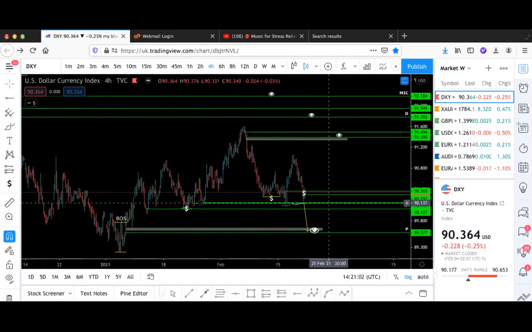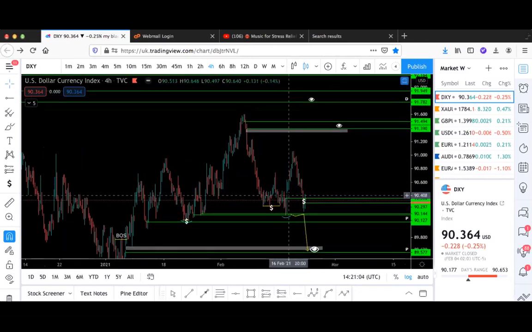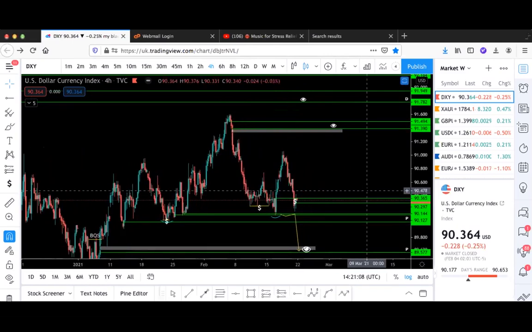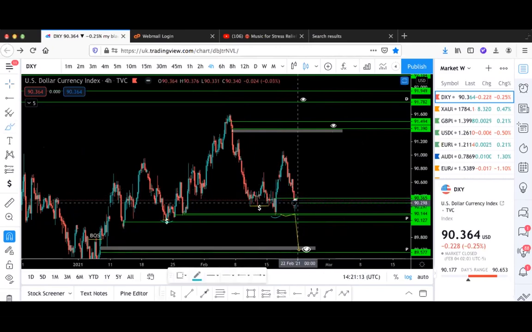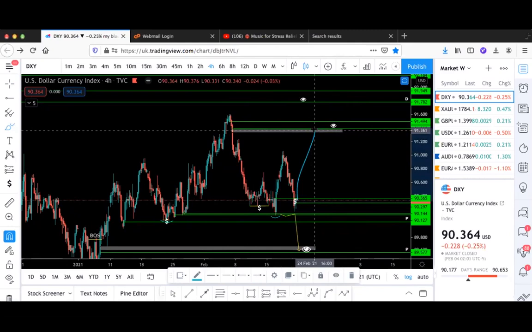According to the price action right now, it's telling me it wants to run higher. Then also I'm telling you guys the target.